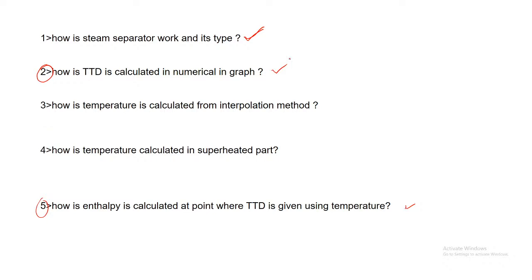Now, how is TTD calculated in numericals and in graphs? To answer this question, as we said, it can be calculated based upon two numbers. One is the saturation temperature of steam and the other is the exit temperature of the water. But in general, we would be given the TTD, and if it is not given, we can assume TTD to be 0 degrees Celsius.